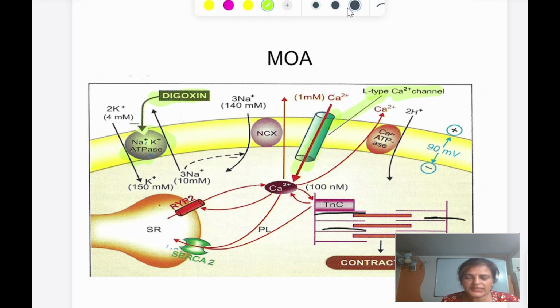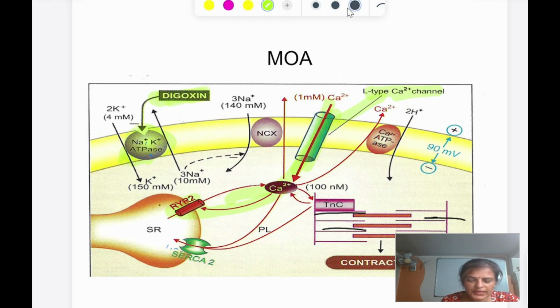Once it enters the cell, it is going to trigger or activate the ryanodine receptor 2. Ryanodine receptor 1 is present in the skeletal muscle; here in the cardiac muscle, it is ryanodine receptor 2. And which drug acts on ryanodine receptor 1? That is dantrolene.